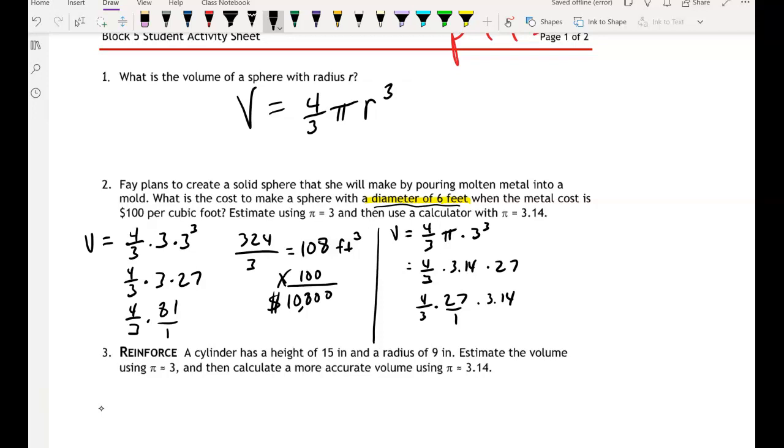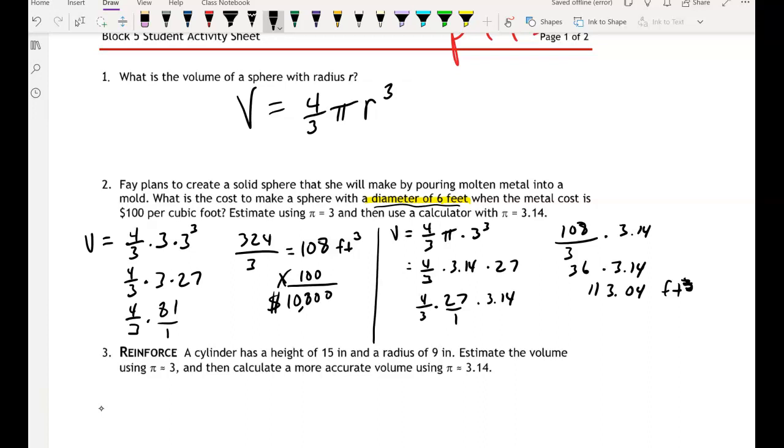We know this. 108 over 3 times 3.14. 108 divided by 3 is 36. 36 times 3.14 is 113.04. So that's 113.04 cubic feet.